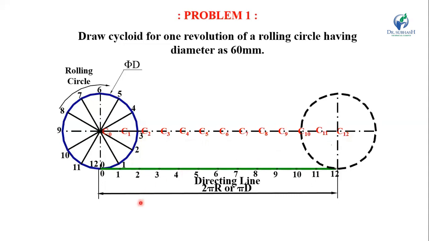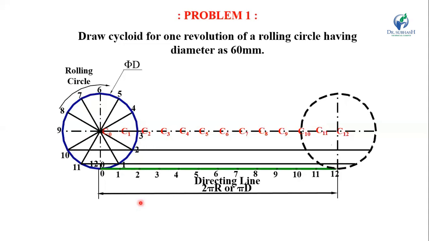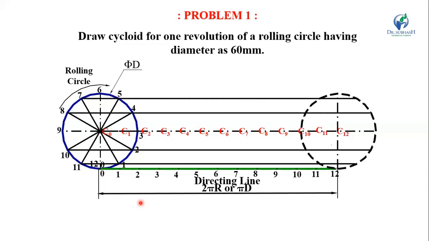The next step is to draw lines parallel to the directing line passing through the different points of the circle: from 1 and 11, from 2 and 10, 3 and 9 already drawn, 4 and 8, 5 and 7, and 6.